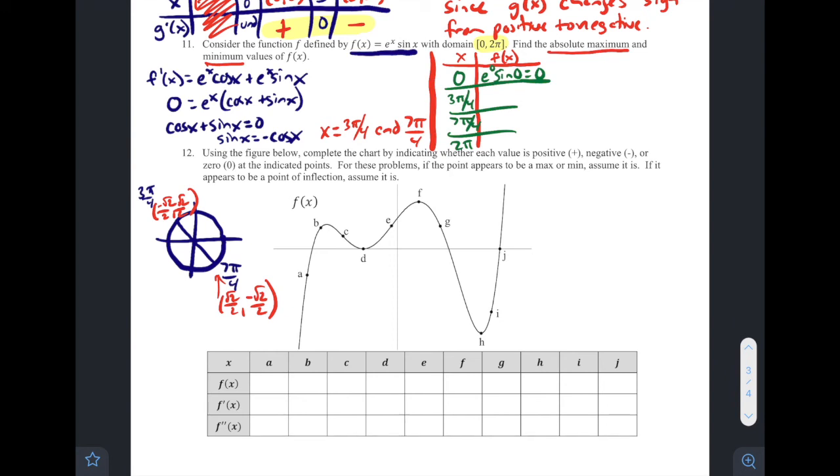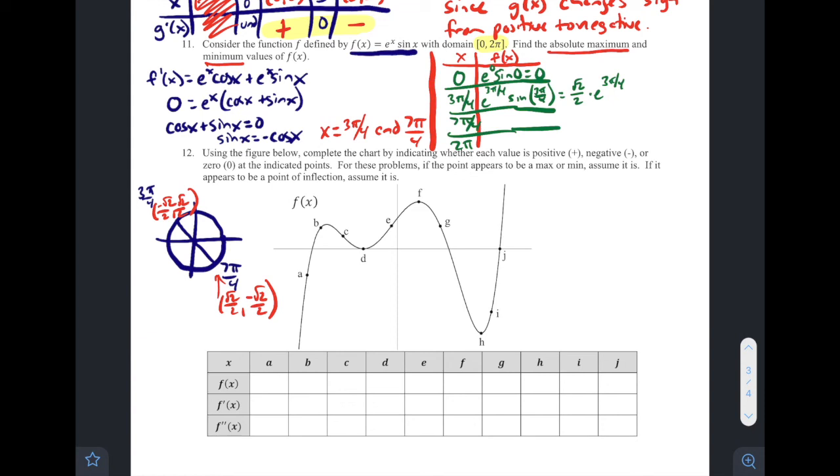Then at 3 pi over 4 we've got e to the 3 pi over 4 times sine of 3 pi over 4. Sine of 3 pi over 4, if we take a look at our unit circle, is going to be root 2 over 2. So that's going to be equal to root 2 over 2 times e to the 3 pi over 4.